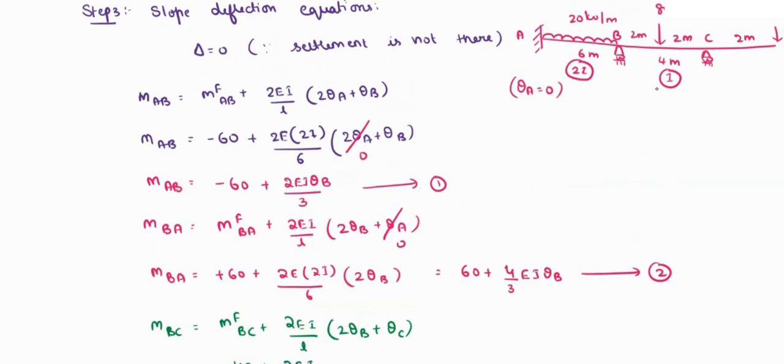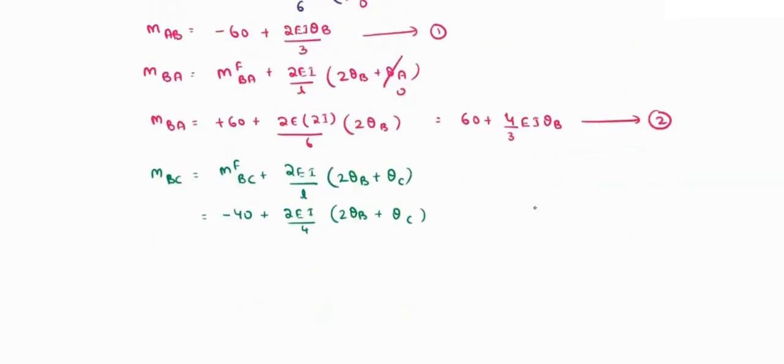So it is 2I by, the span here is 4 meters, into 2 theta B plus theta C. So this is your MBC. Your simplified equation will become minus 40 plus EI into theta B plus 0.5 into EI into theta C. So this will be your third equation.